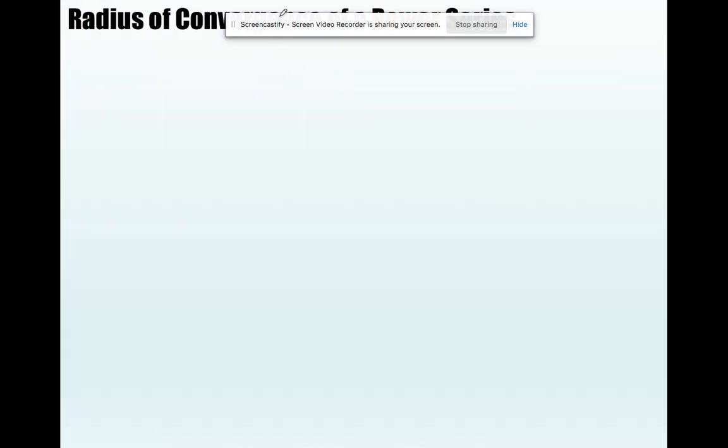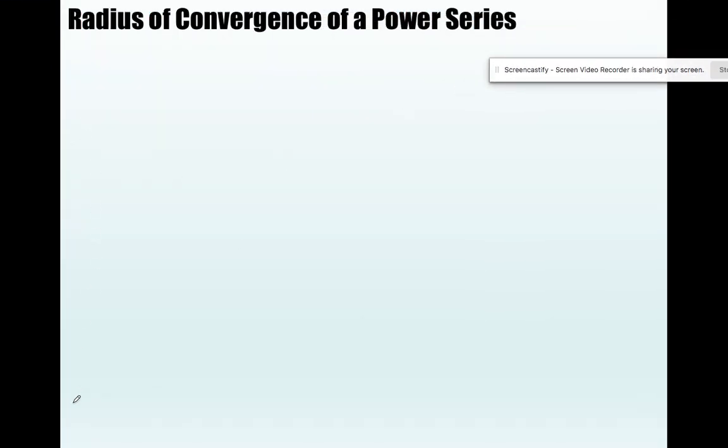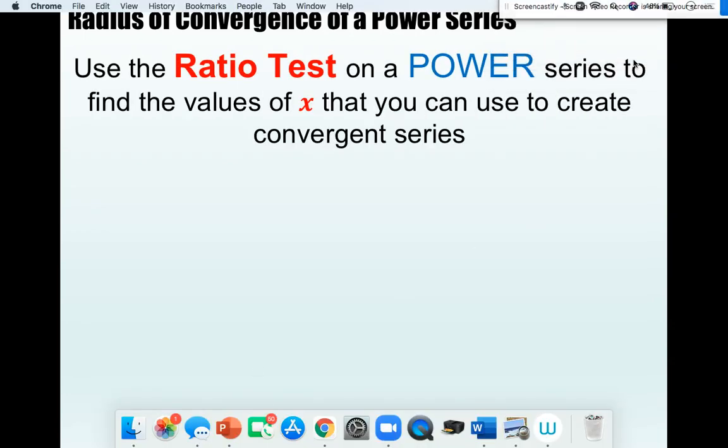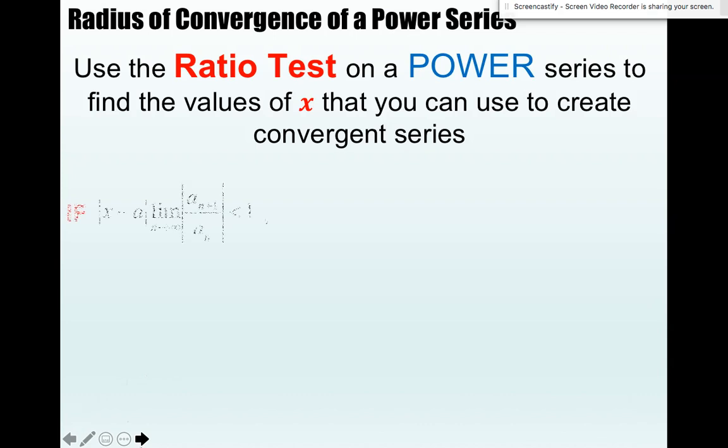So we are going to use the ratio test. We're going to morph the numeric ratio test on a power series to find all those values of x, or to find the range of values. So here's what the ratio test is for power series.